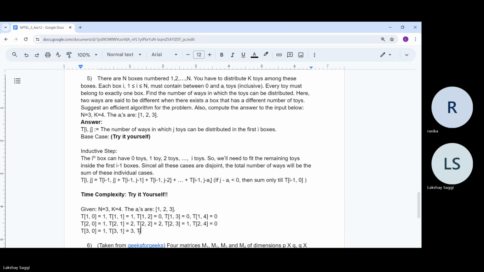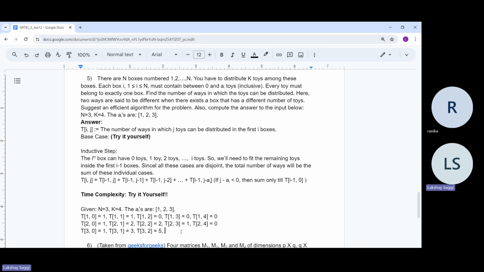Similarly, T of 3 comma 2 will be equal to T of 2 comma 2 plus T of 2 comma 1 plus T of 2 comma 0, which is 2 plus 2 plus 1, which will be 5.